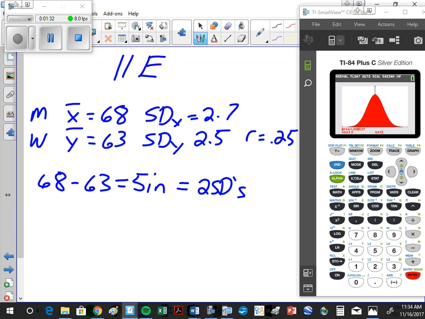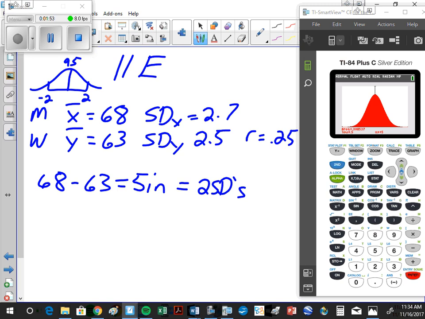Now, if you think about this, you don't even need to do shade norm. Why not? We know the normal curve. If we go left 2 and right 2, we get 95%, which means 5% in the total of the two tails.